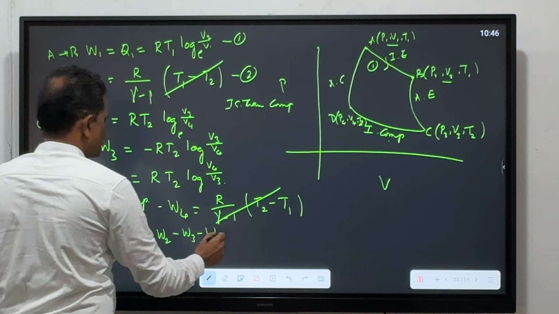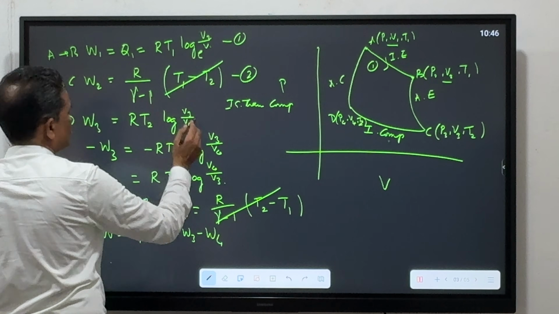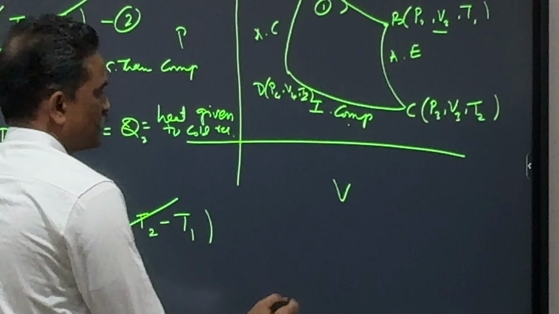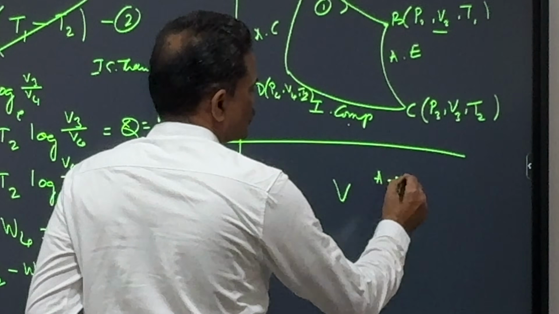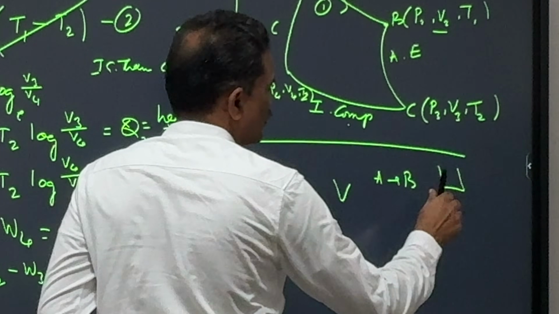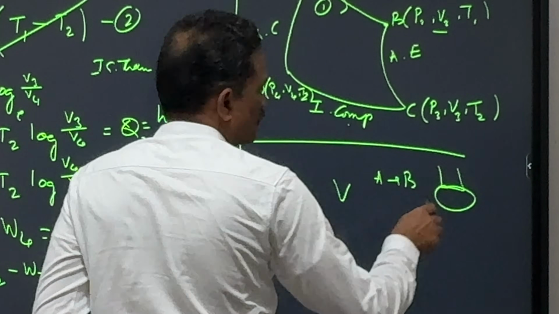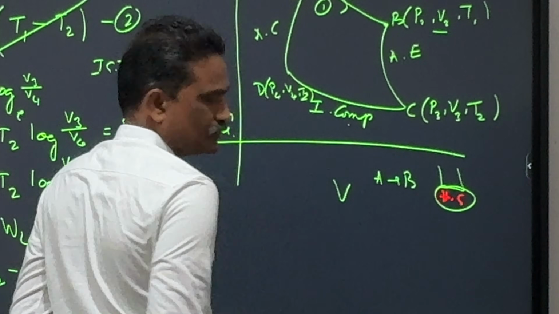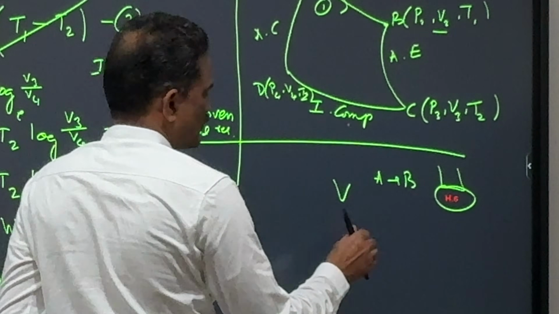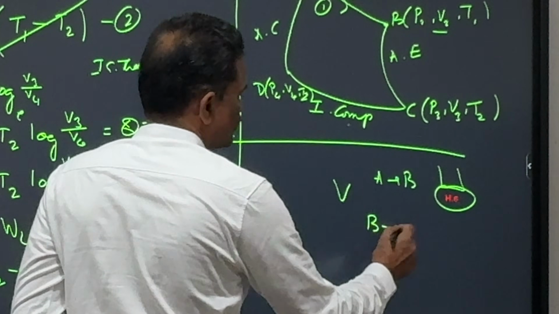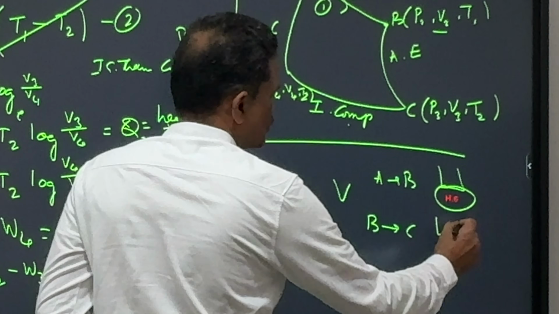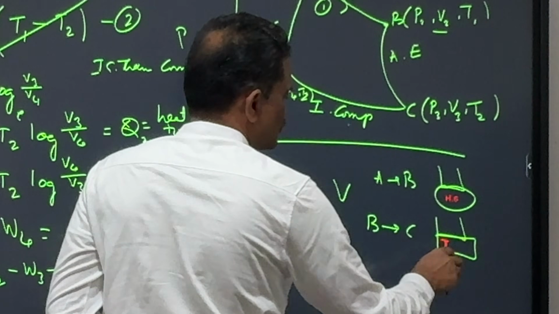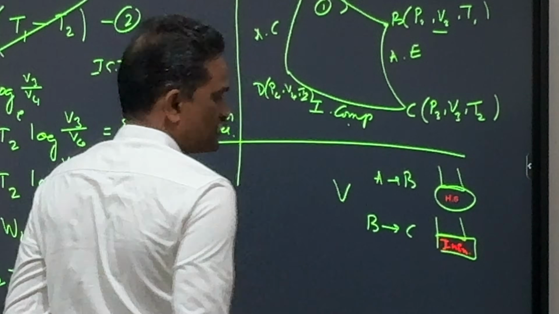So the second isothermal process is nothing but Q2. The first process A to B is placed on the heat source. In the second case, from B to C, it is placed on an insulating slab, insulator.